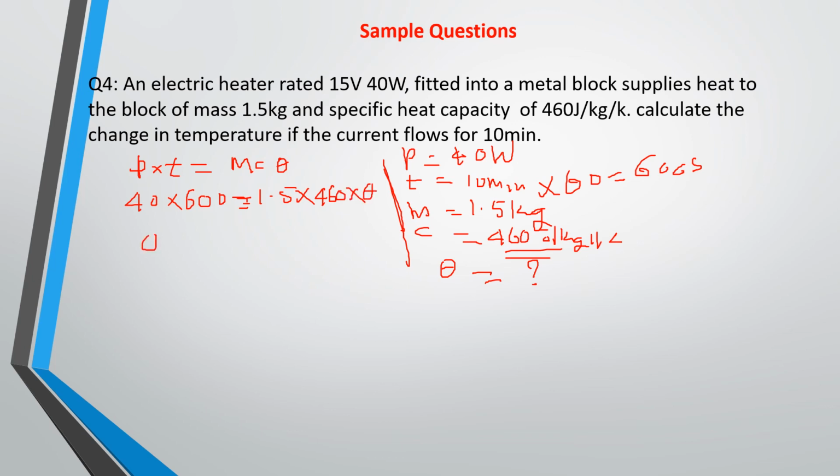So from here, temperature change will be equal to 40 times 600 all over 1.5 times 460. So the temperature change, which we are looking for, will be equal to what? When you solve all this out, you are going to have 34.78 degrees centigrade.